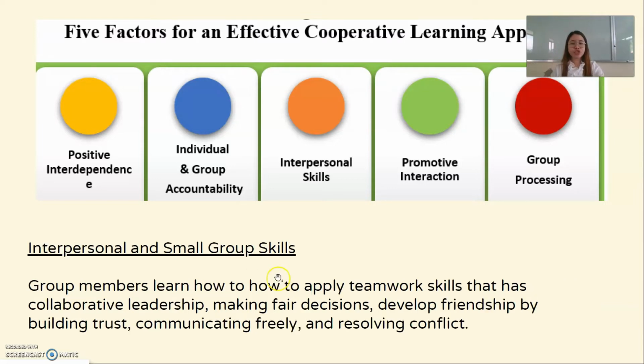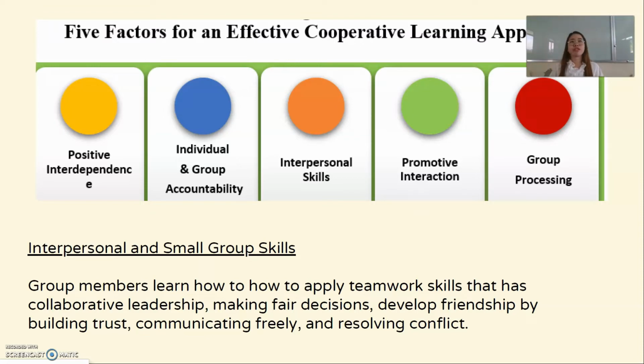Next, let's talk about interpersonal skills. Of course, our learners in this cooperative learning approach are grouped together. They are going to mingle to communicate with their classmates or peers. And of course, we can expect that through cooperative learning approach, we can develop their communication skills, their interpersonal skills.